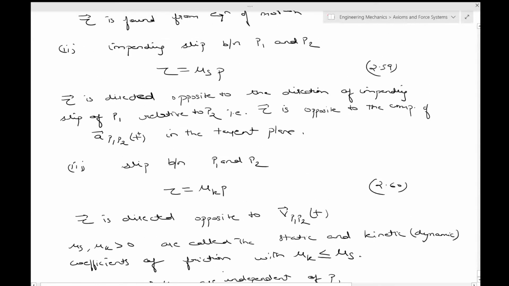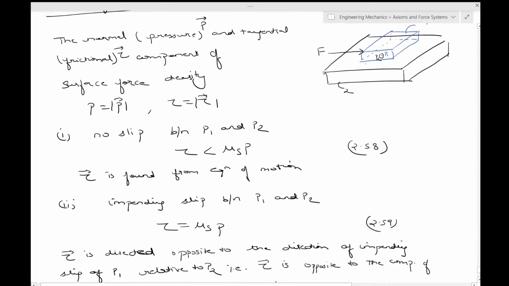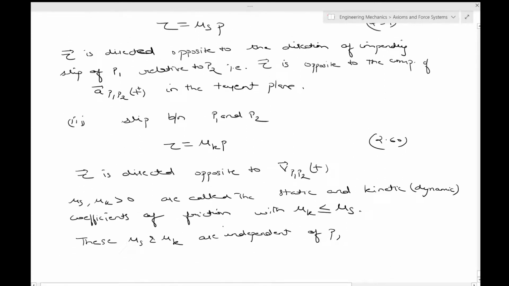Okay, the normal component of this surface force density, which is the pressure. Okay, and it is independent of the relative velocity. Okay, and obviously area of contact.